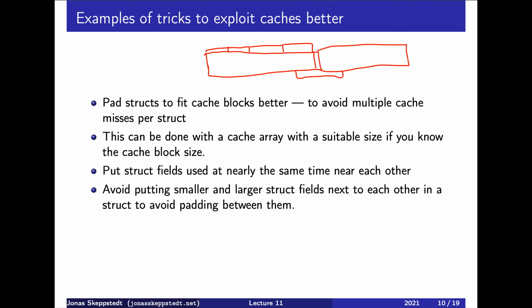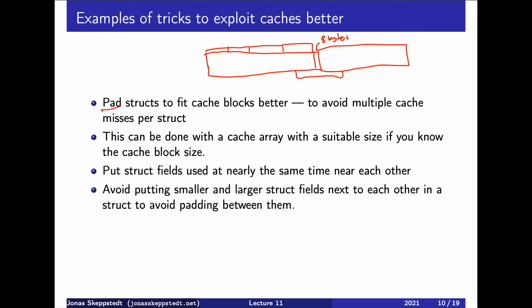So padding a struct, what does it mean? It means adding some bytes. Say there are 8 bytes here. This is just an example, but if we could increase the size of each of these 4 structs by 2 bytes, then they will fit perfectly in a cache block.